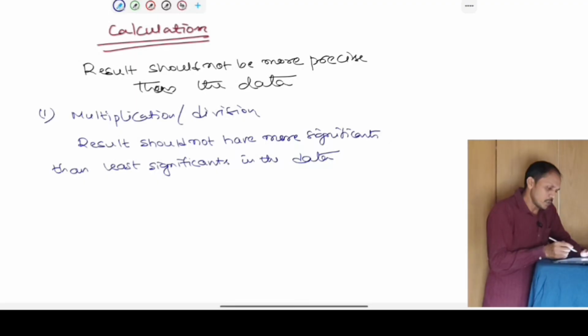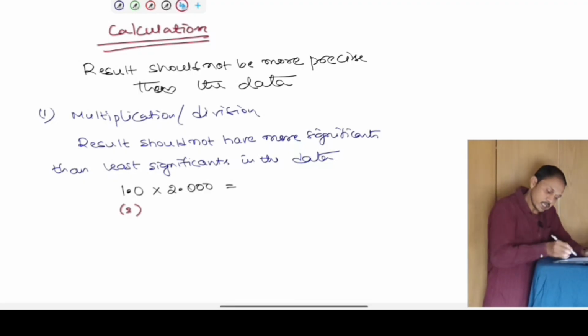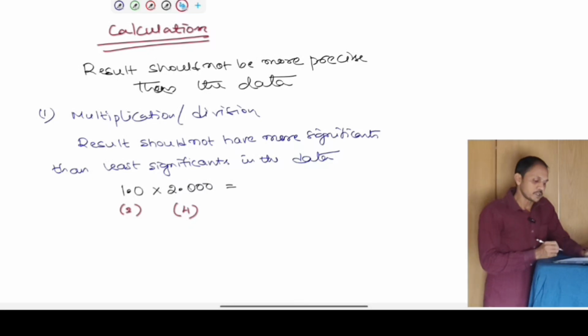Let's assume that we are multiplying 1.0 into 2.000. Now observe the significance first. In the first number, there are 2 significants. In the second number, there are 4 significants. Correct? Now, the answer should have 2 only.